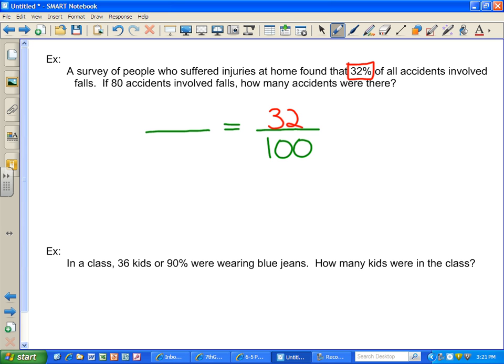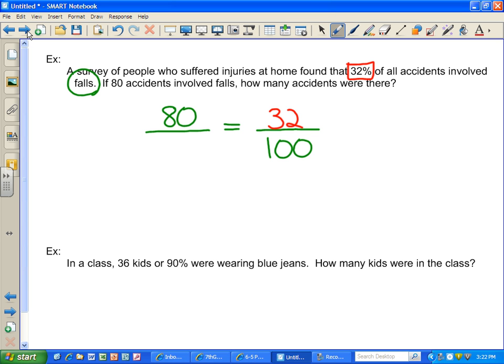Now we've got to reread it and see what that 32% is actually talking about. That 32% is talking about accidents that involve falls, and there are 80 accidents that involve falls. So that goes up on the top.